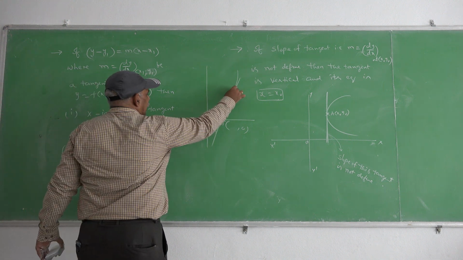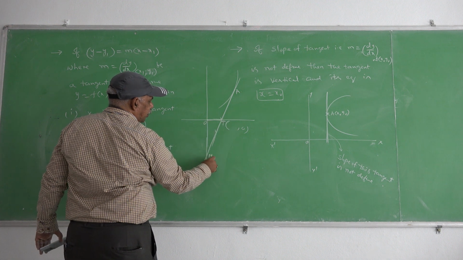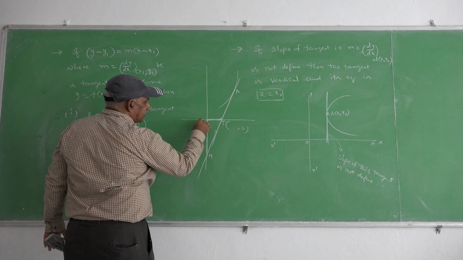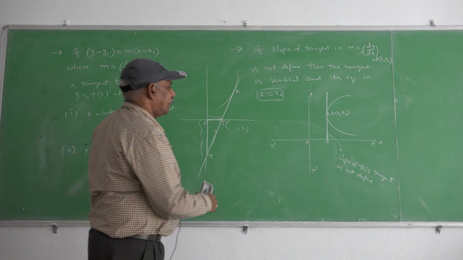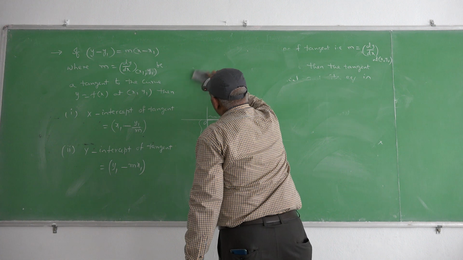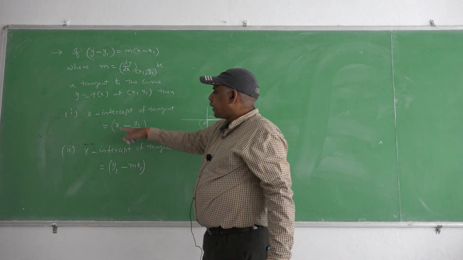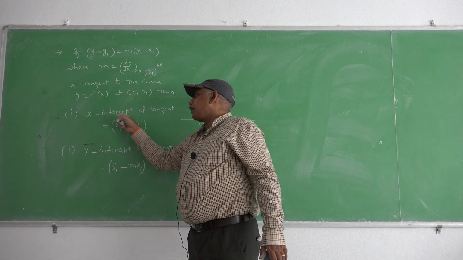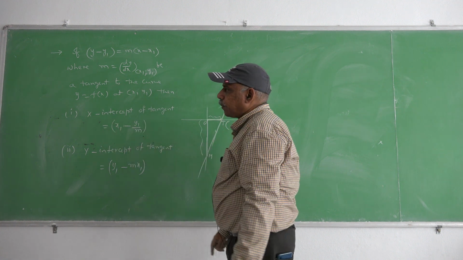Once you draw the tangent like this, this point is T and suppose this point is M, this is the x-intercept and this is the y-intercept. Once you take the length of the x-intercept and y-intercept, you can take modulus. The length of the x-intercept of the tangent is modulus of x1 minus y1 by m.